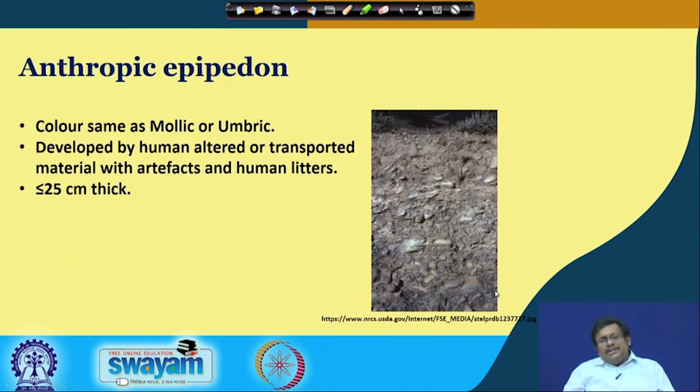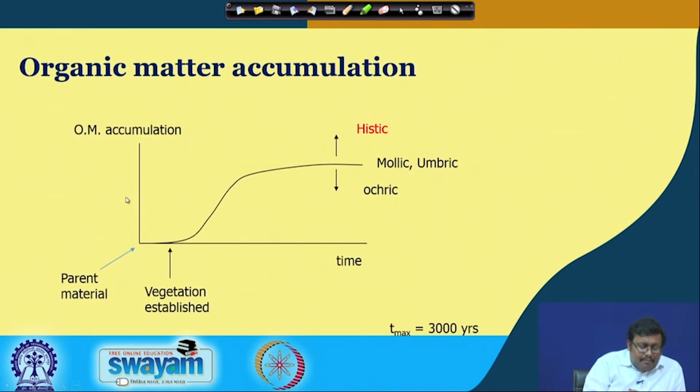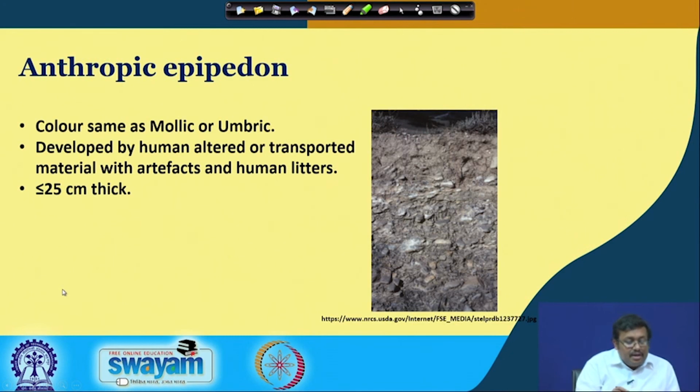Now, the next one is called anthropic epipedon. Anthropic epipedon is also similar in color to mollic and umbric, so it is dark in color. Remember that anthropic epipedon is developed by human altered or transported materials with artifacts and human litters.